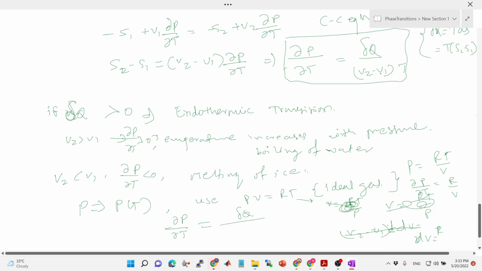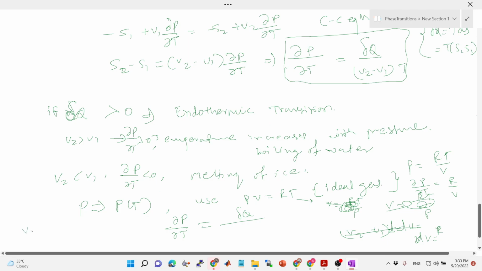Now let's think about V2 minus V1, times T. You can think of the liquid to vapor transition. So V2 is the volume of the vapor, and V1 is the volume of the liquid. Vapor occupies a very large volume compared to the liquid, so you can neglect V1.